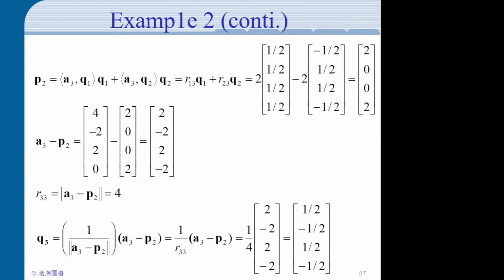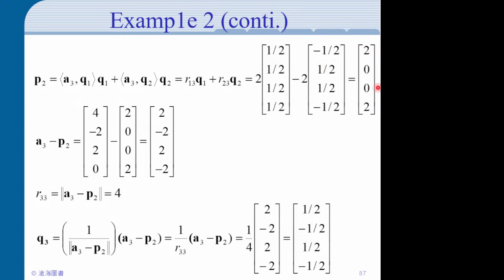Then we do P2. That's the coordinate times Q1 plus the coordinate times Q2, and it's this thing. It's (1, 1, 1, 1) and (-1, 1, 1, -1), so it's (2, 0, 0, 2).